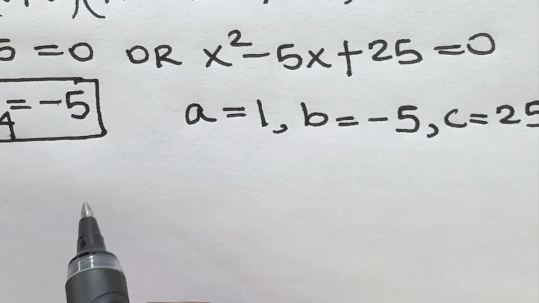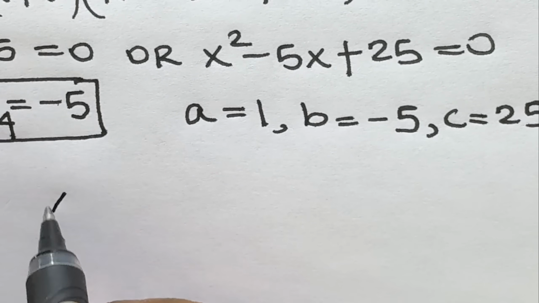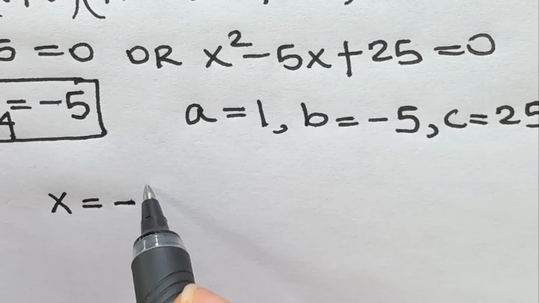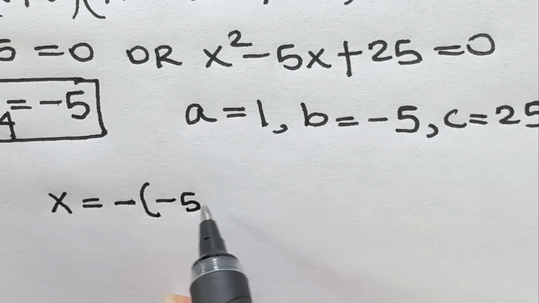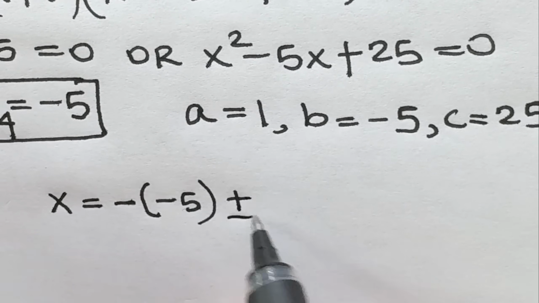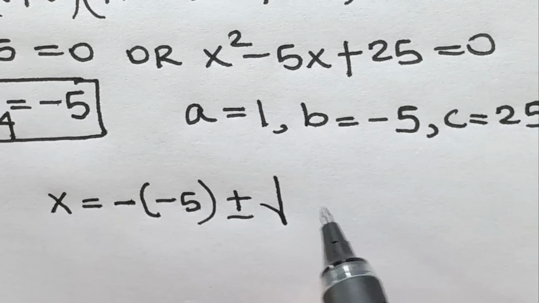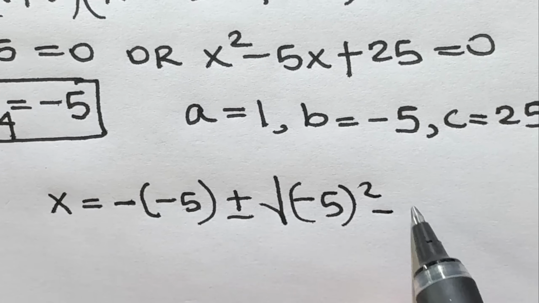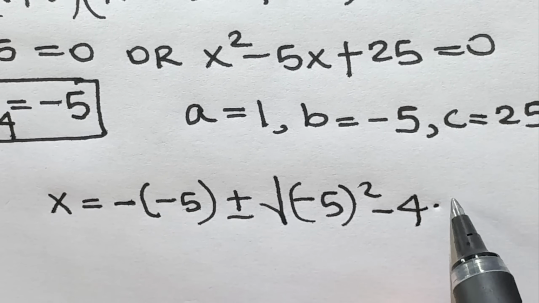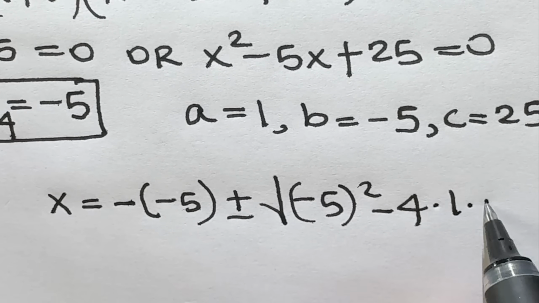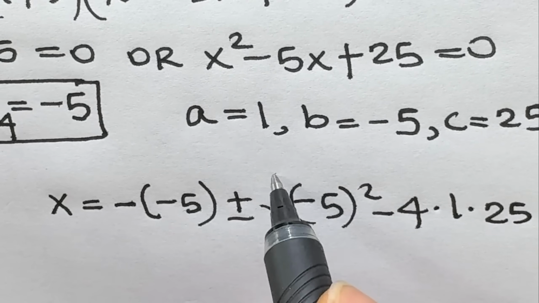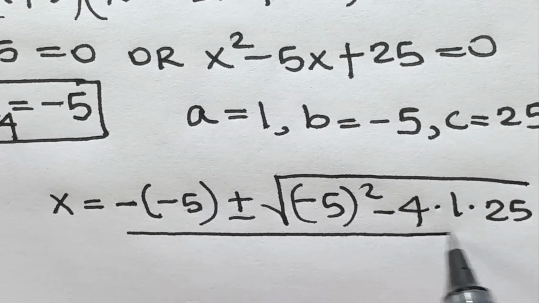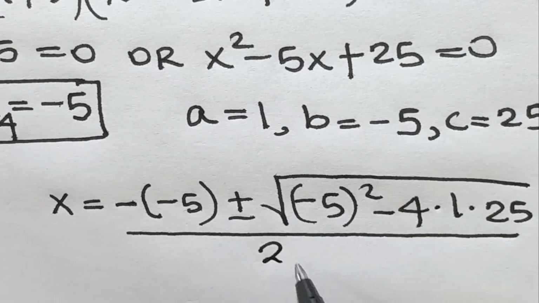Therefore, x is going to be minus b, which is now minus 5, then plus or minus the square root of b squared, which is minus 5 squared, then minus 4 times a, which is 1, times c, which is 25, square root of all of that, all divided by 2a, which is 2 times 1.